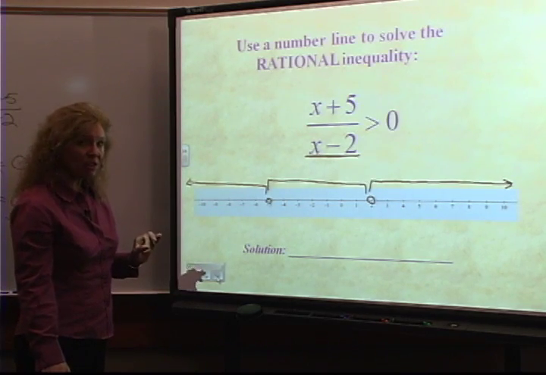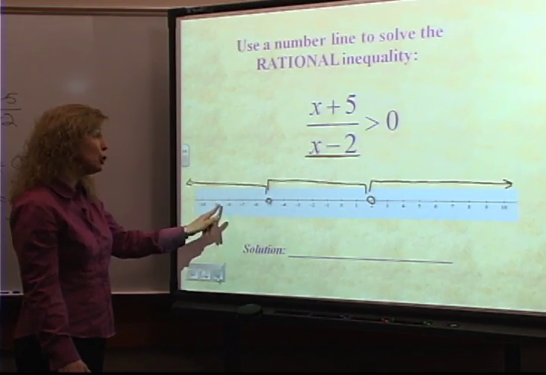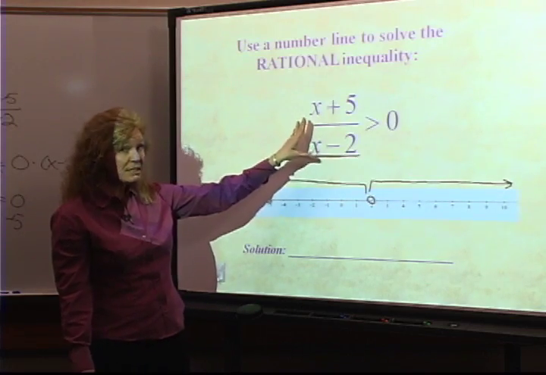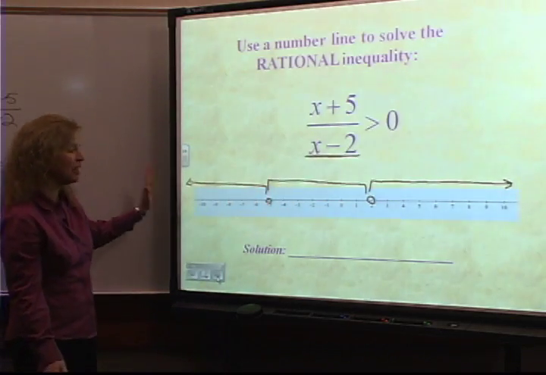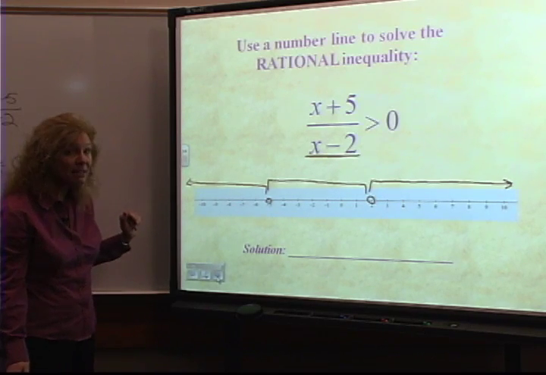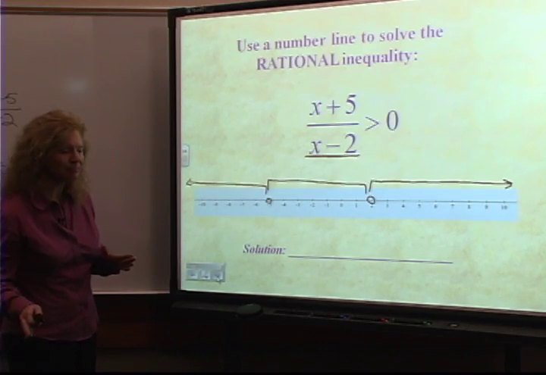Assuming I've done everything correctly, I pick one and determine if it makes this inequality true. If it does, everything in that interval works. If it doesn't, none of them does. It's all or nothing.